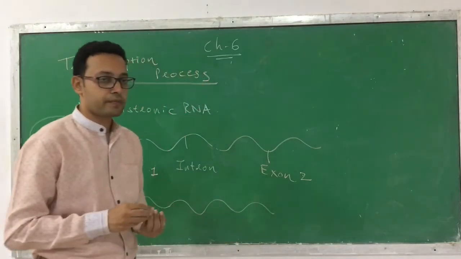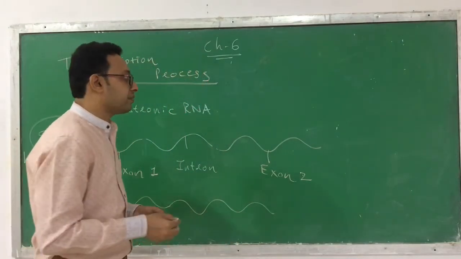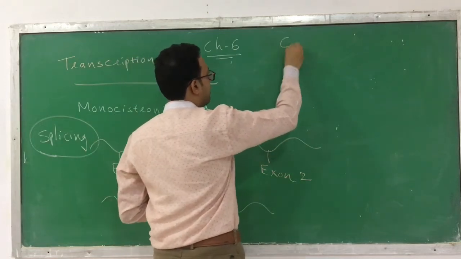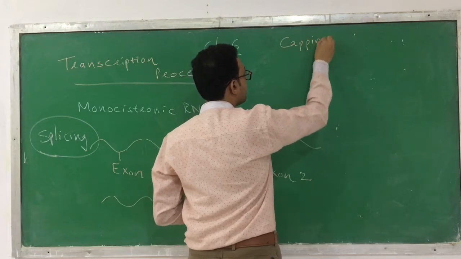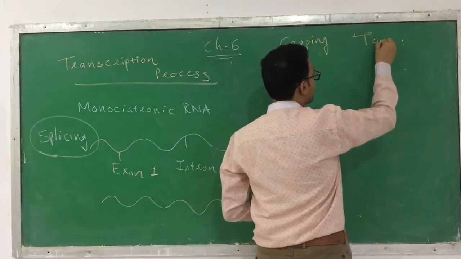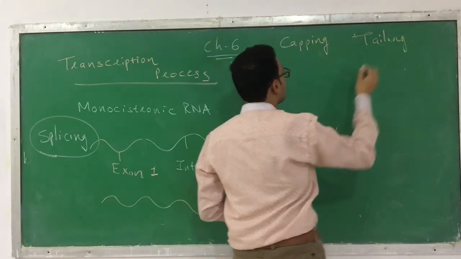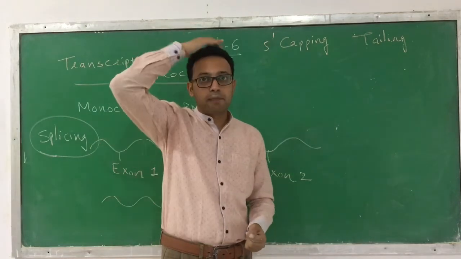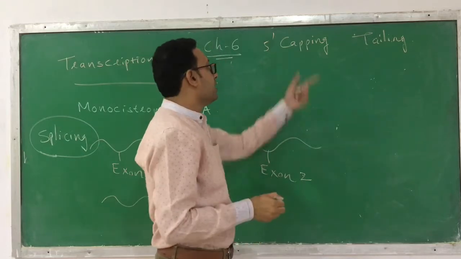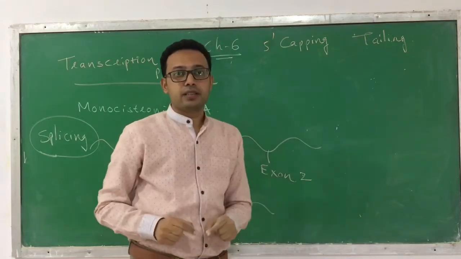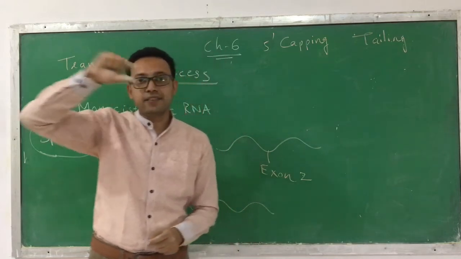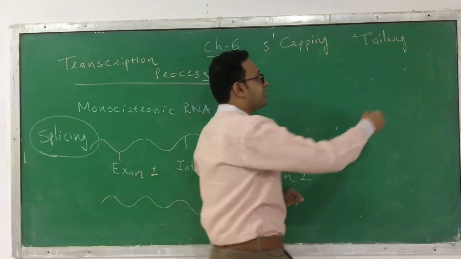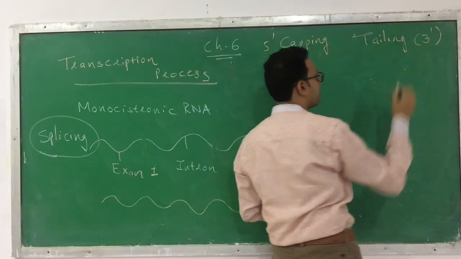One more difference. Another difference is that here the process of capping and tailing occurs. The capping occurs at the 5' end, which means it is applied here at the head. You know that the process occurs in 5' to 3' direction, so the capping occurs at the 5' end and the tailing occurs at the 3' end.